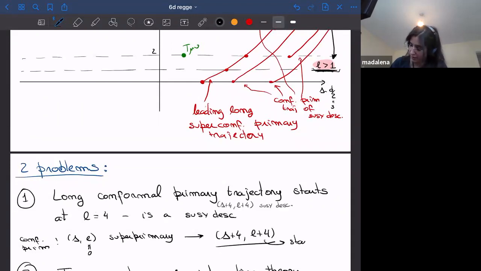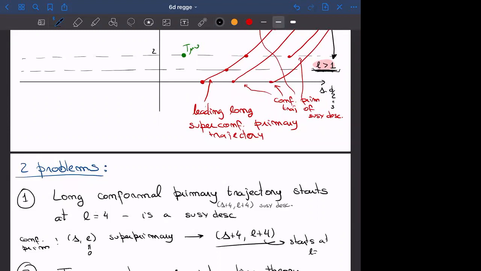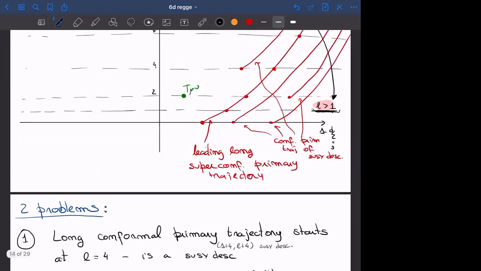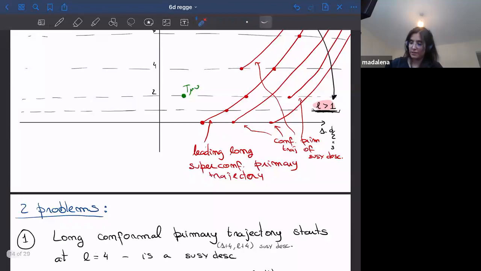starts at spin 4. So, sorry, just to clarify, what you mean that it starts at spin 4, you mean that the known local operators start at spin 4. But since you said that this trajectory for the function A goes to -3, this trajectory can actually be continued to L equals 1. Exactly. So this trajectory can be continued to L equals 1.